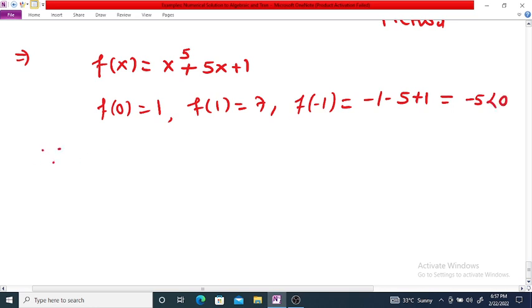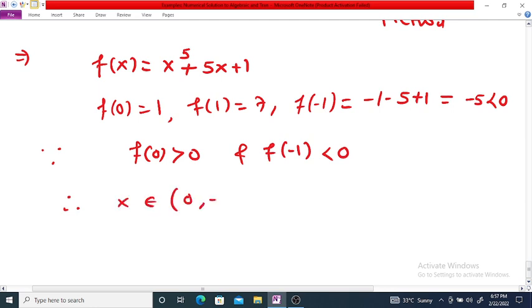So since f of 0 is greater than 0 and f of minus 1 is less than 0, our root x lies in the interval minus 1 to 0.